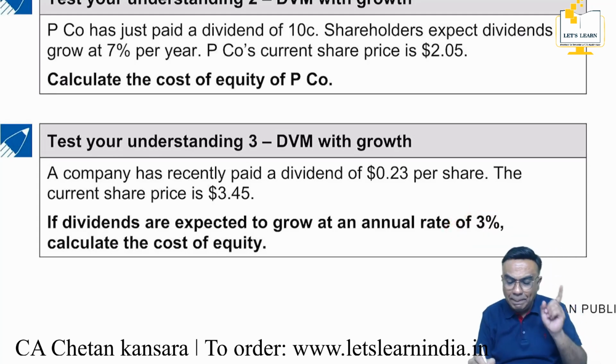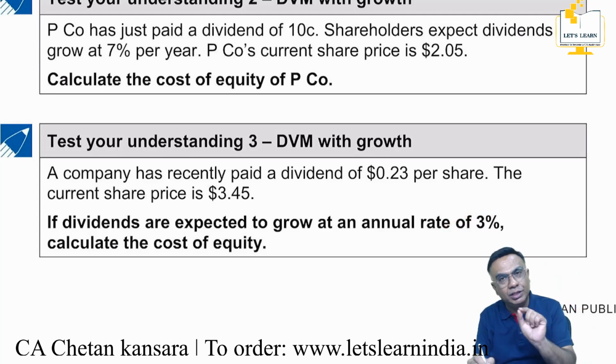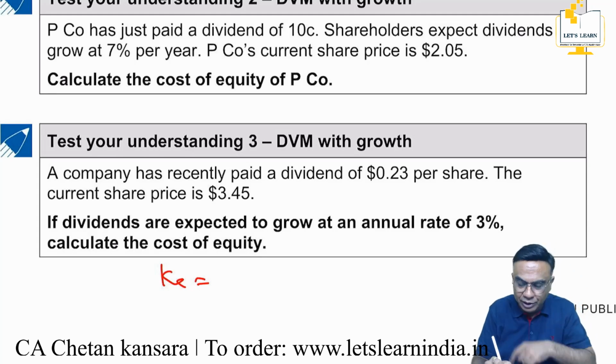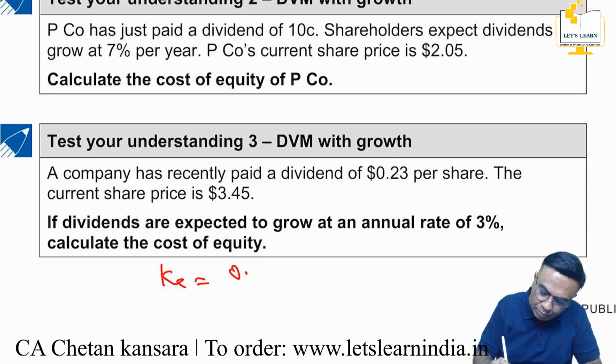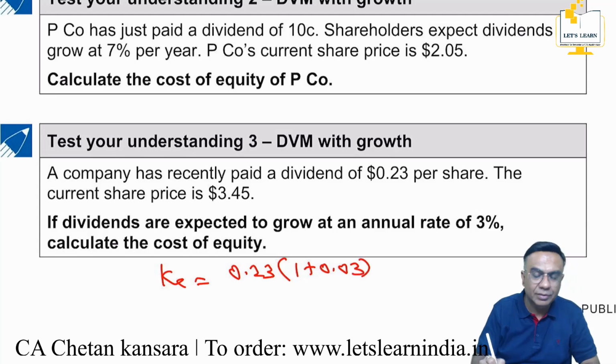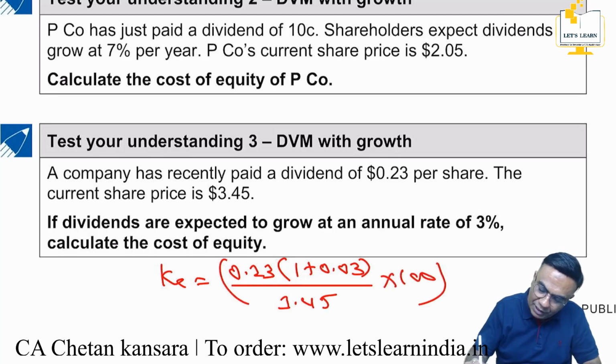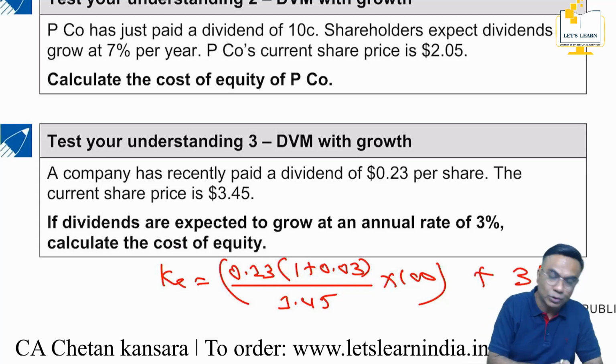The company has recently paid a dividend, so 0.23 is D0. My formula will be like this: D1 will be D0, 0.23 plus the growth rate of 3%, divided by your P0, plus the growth rate. Growth rate is 3%, right? So solve this. What is the answer?